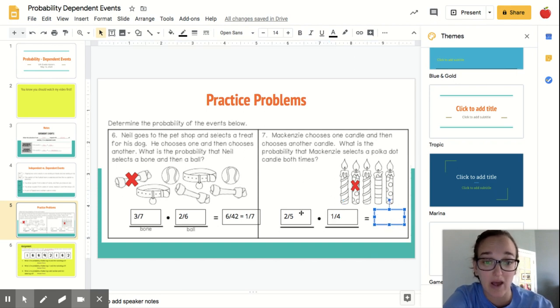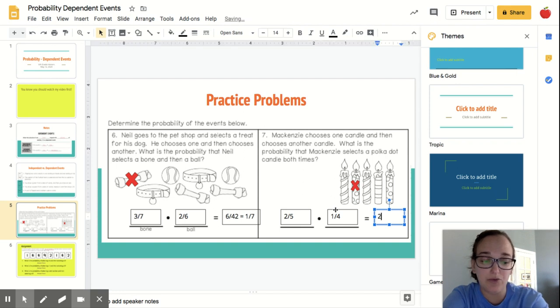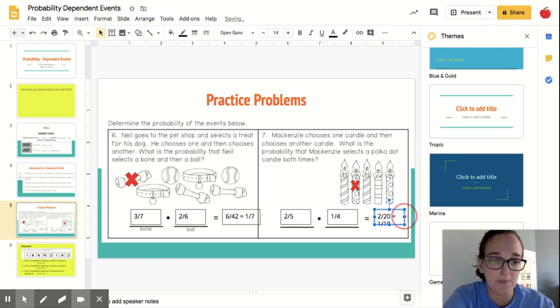And then I multiply. 2 times 1 is 2. 5 times 4 is 20. So I get 2 out of 20, which would simplify to 1/10. Okay? And these will stay on your notes so you can look back at this when you go back to your assignment.